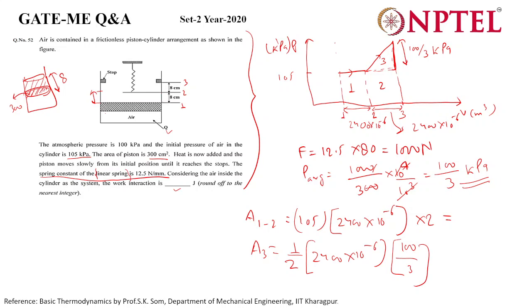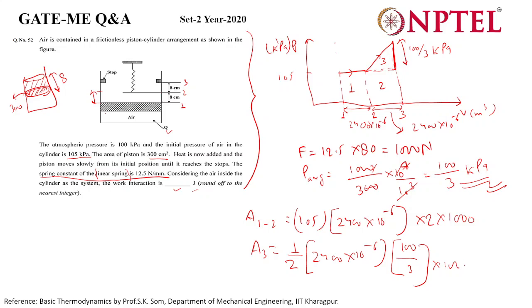Because for pressure we have taken kilopascal and volume we have taken in meter cube, the answer would be coming in kilojoule, right? The total interaction is 500 kilojoule, 500 joule. So find this answer first. It would be in kilojoule. So simply, the answer we have to find in joule, so multiply by 1000 also. 0.504.